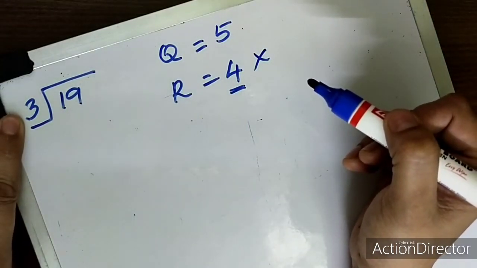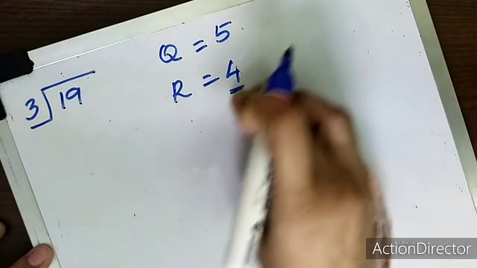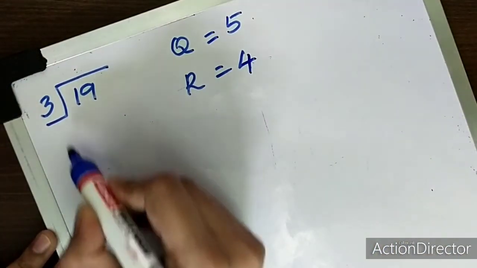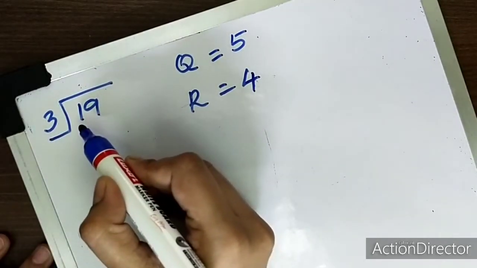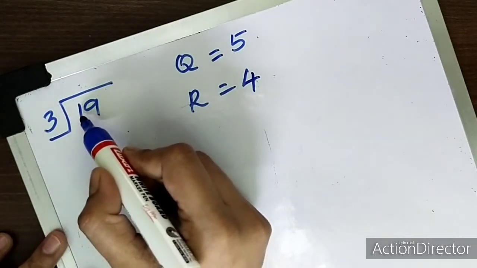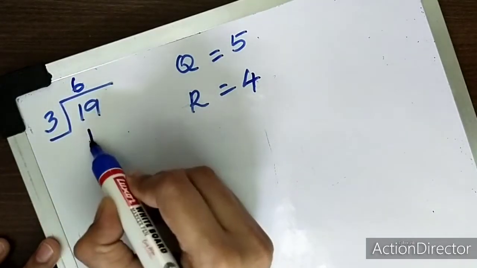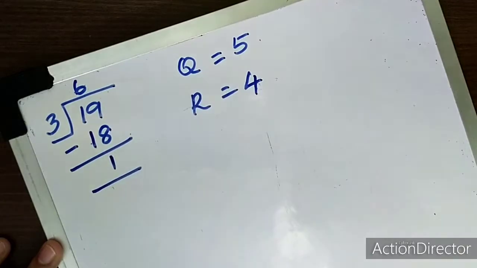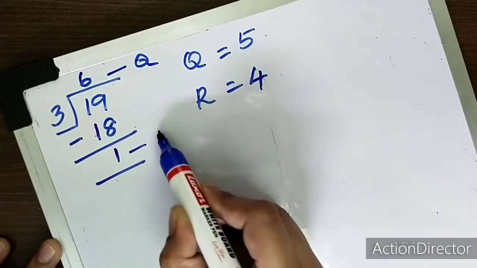But now we'll do and check the sum. 3 tables, you all know 3 tables, right? 3 tables, 19 will not come, but 3 tables 18 will come. 3 sixes are 18. We subtract, 19 minus 18 will be 1. The quotient is 6, the remainder is 1.